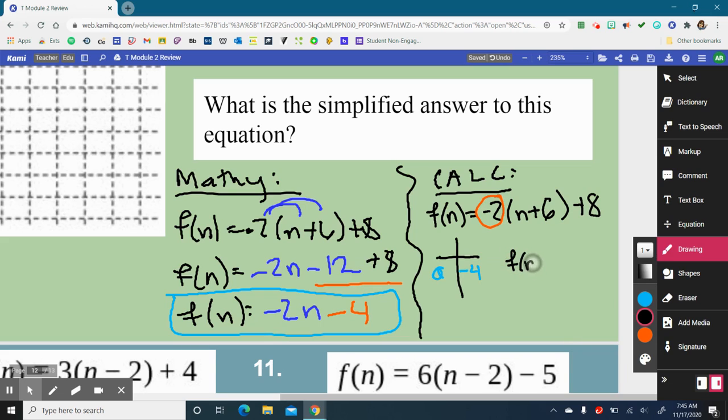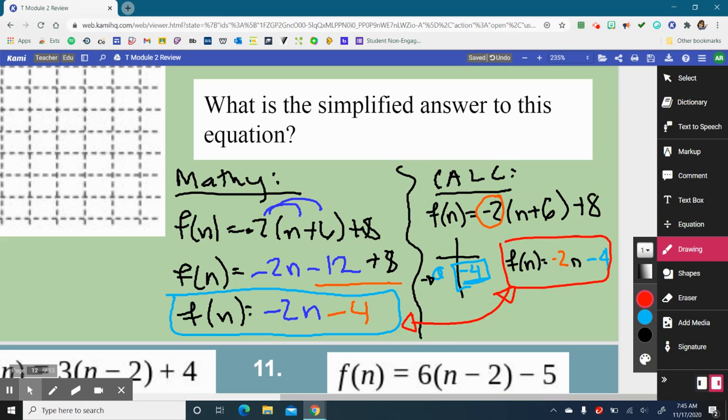So we have f(n) = -2. Now, because this table information starts at a 0, I'm using just an n. And then after that, all I do is write its partner over here on the right, -4. Okay, and that's my final answer. Both of these are the exact same thing.